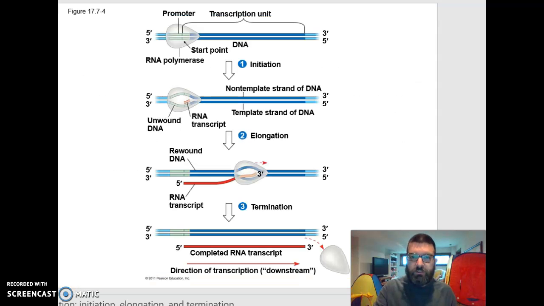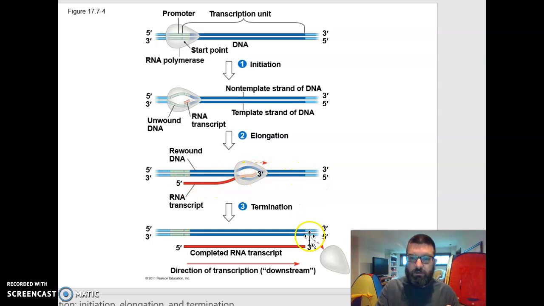So we start with a promoter here, right? And the promoter is this little green part. And RNA polymerase, an enzyme, is able to bind to the promoter, and it begins unzipping the DNA and adding new nucleotides that are complementary to your template strand, which is the bottom one here, right? And as we add these new nucleotides, 5' to 3', we keep adding new ones here.